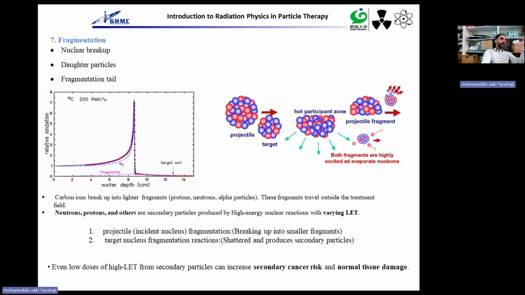Now, it is heavy. It has heavier mass. When it is moving, it loses its mass, and this mass can produce secondary particles.